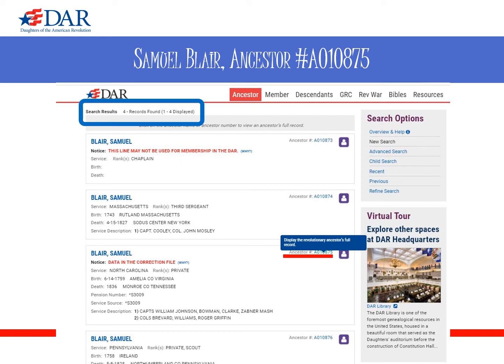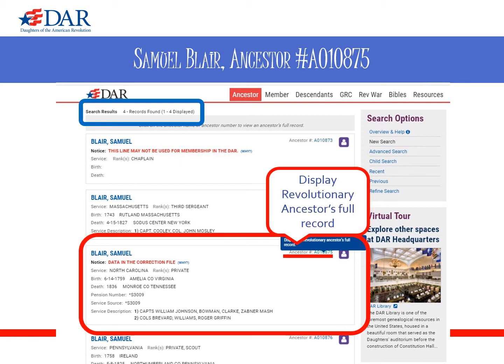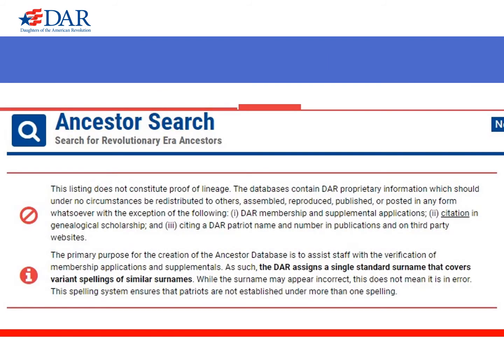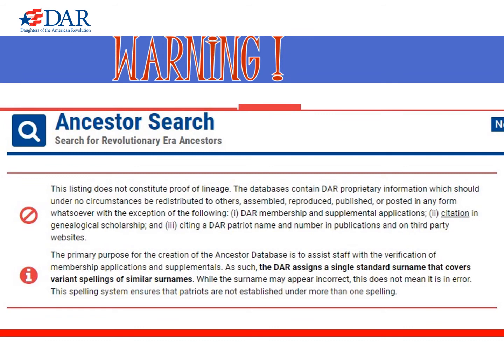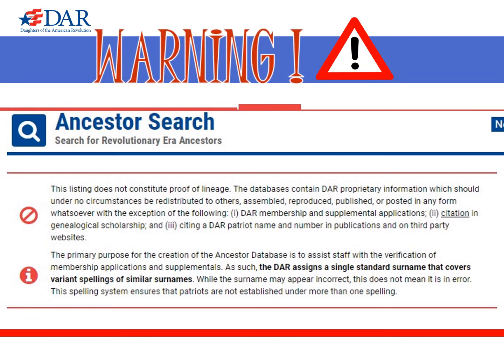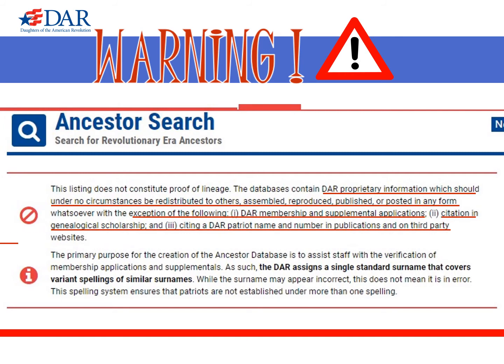Let's see what his file shows when we display the full record. Before we get into the details about Samuel Blair, let me remind you that this privileged private information belongs to DAR, and under no circumstances should it be redistributed to others, except as a citation in genealogical scholarship and for DAR membership applications.